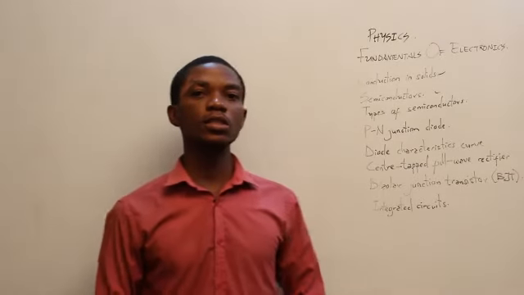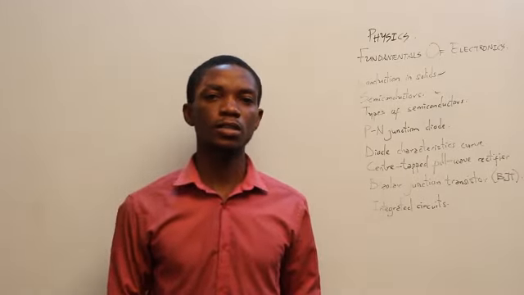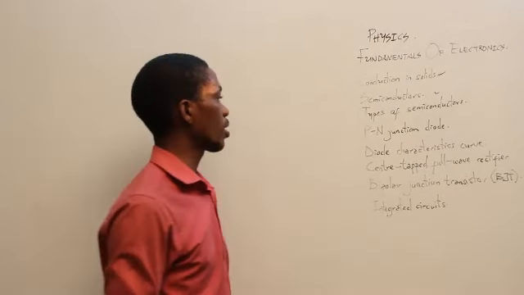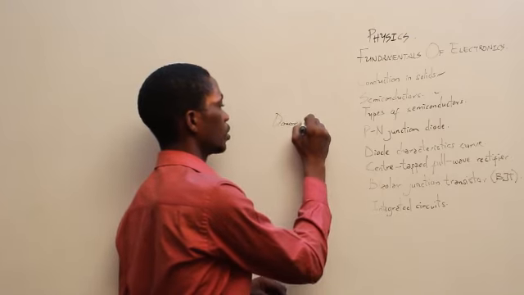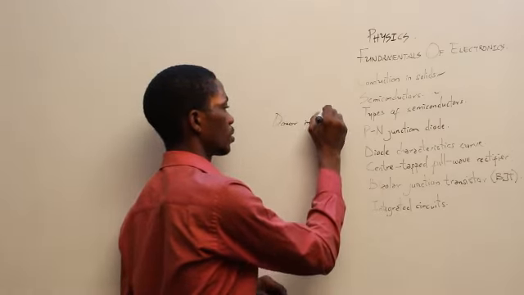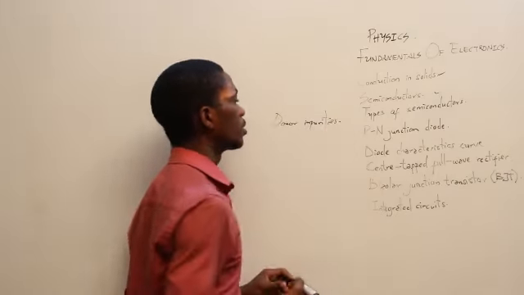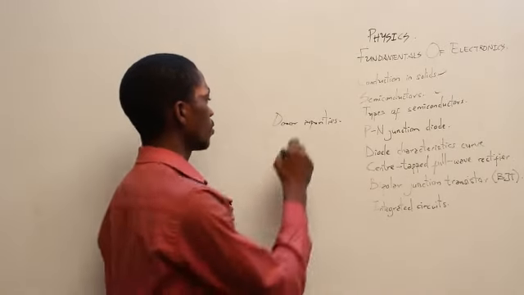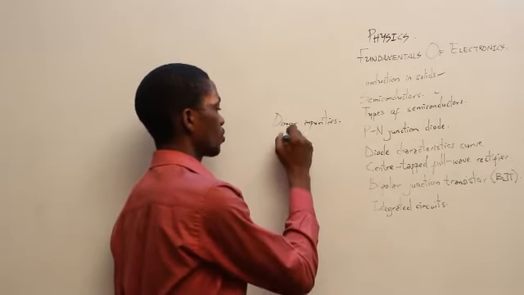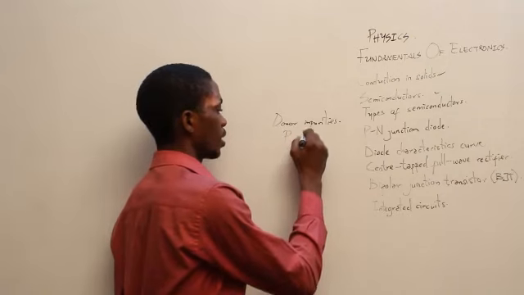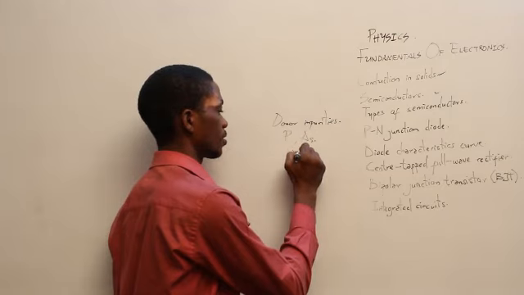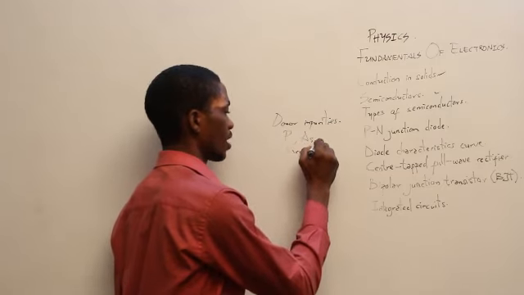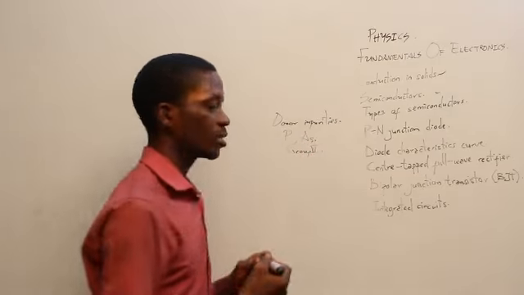Alright, in the impure substances, we have the group that we describe as the donor impurities. This group contains elements like phosphorus, arsenic, and the rest of them, all the group 5s in the periodic table.